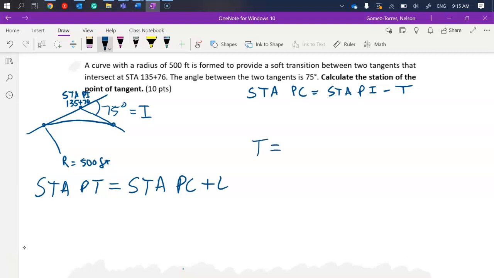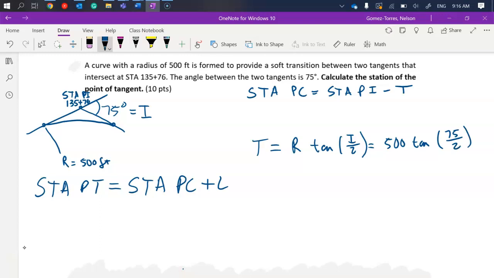So T, the formula for T is R tangent I over 2. That's great. So we calculate that. Well, we have 500 tangent 75 over 2.